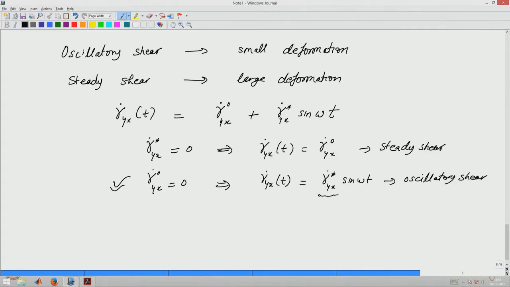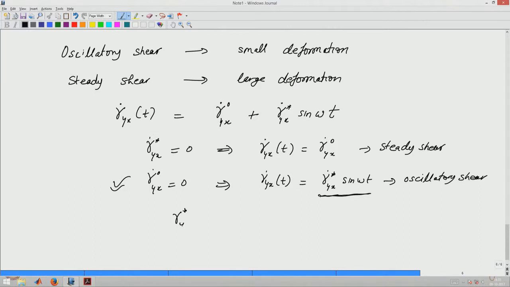How much will the deformation be if gamma dot naught yx is the deformation strain rate? What will be the strain? Any idea what will be the strain if this is the strain rate? Integration of that, right. So, basically omega will come out, right.